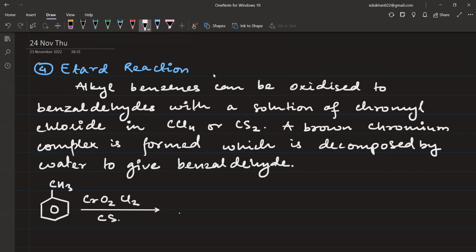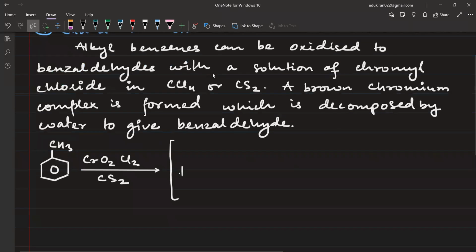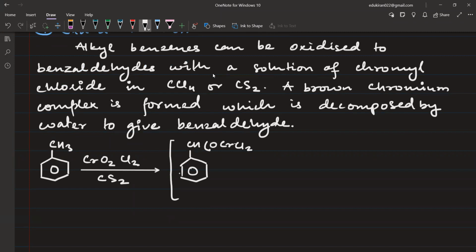CrO2Cl2 in the presence of CS2, a non-polar solvent, is going to give you a brown colored complex, which will be CH(OCrOHCl2)2.